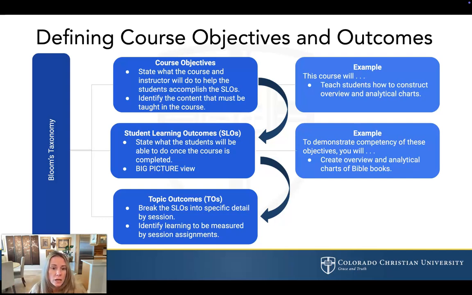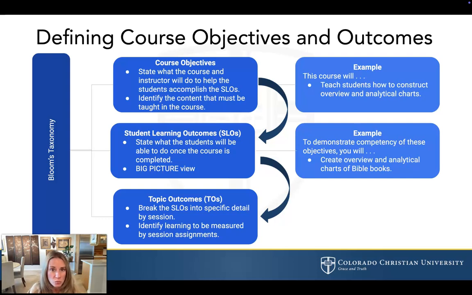So this says, topic outcomes break the student learning outcomes into specific details session by session and identify learning to be measured by session assignments. So not necessarily those great big picture assignments, like overall for the student learning outcomes, they're going to create overview and analytical charts of Bible books. But imagine that, for session 5, they're creating an analytical chart of 1 Corinthians, right?